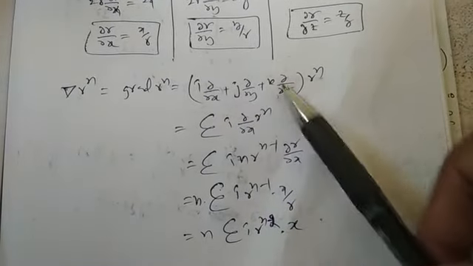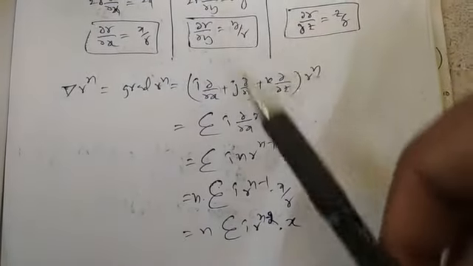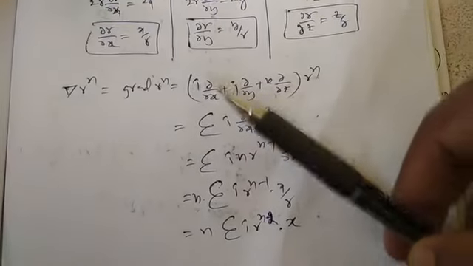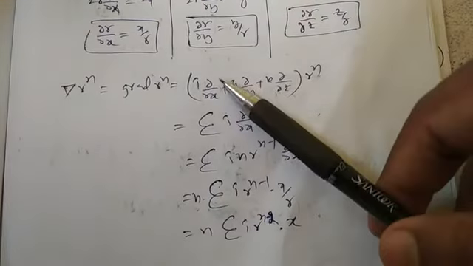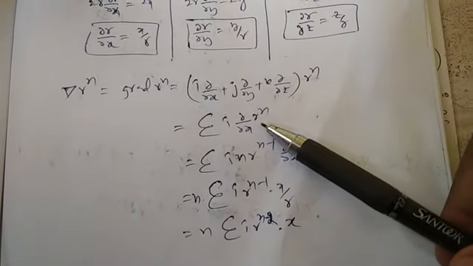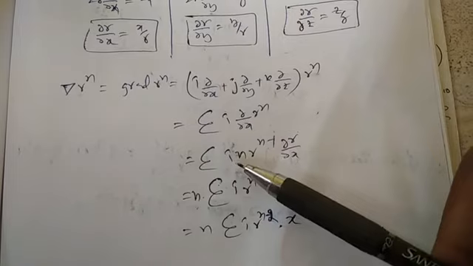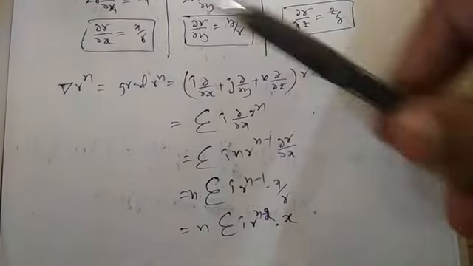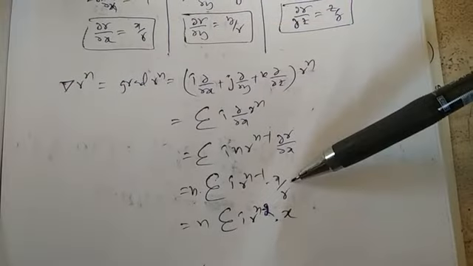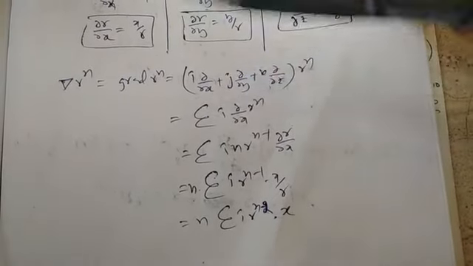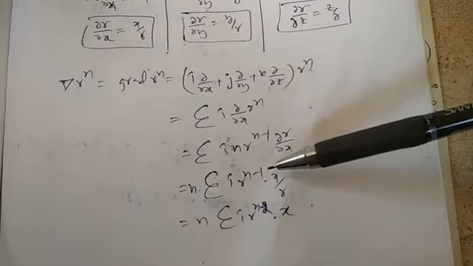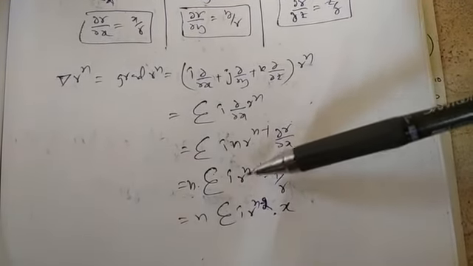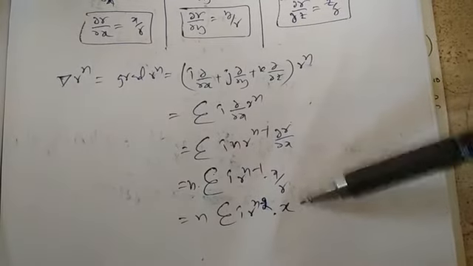For the similar terms we replace i by j and k, and x by y and z. Now I take only one term, r power n. Its derivative with respect to x is n into r power n minus 1 times dou r by dou x. Dou r by dou x we found as x by r, that we applied here. Now r power n minus 1, and one negative r will come here, again minus 1 gives n minus 2, into x.